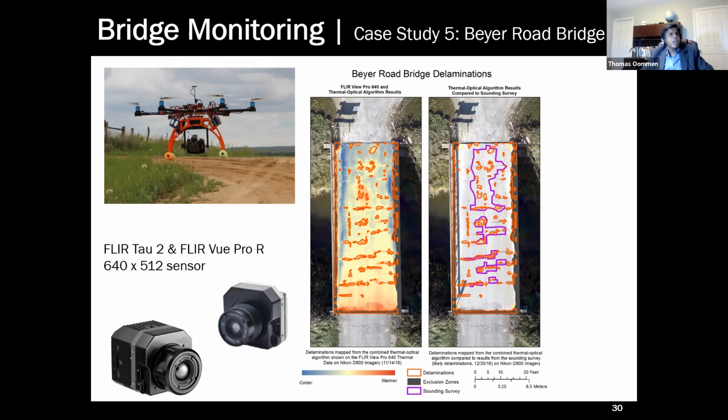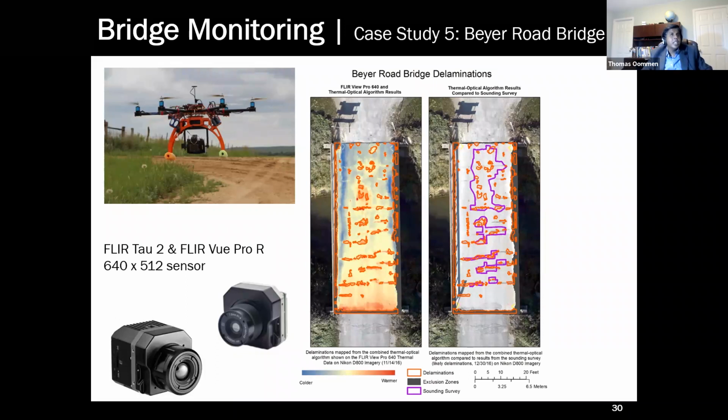And the benefit of this kind of approach is you can understand how the structure is responding to change in the temperature. So in this case, what we are looking at is a bridge, and we are looking at how the bridge is heating over time. So we image that area 2 times.